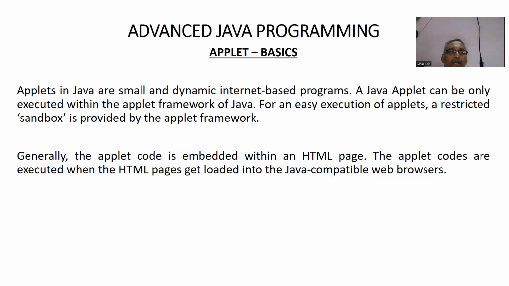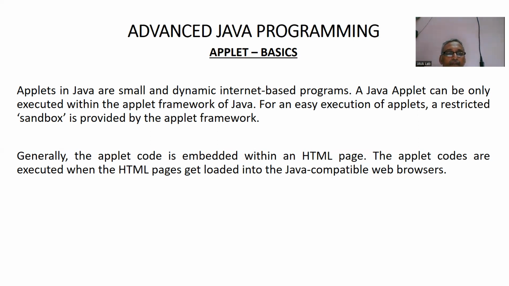Applet basics. Applets in Java are small and dynamic internet-based programs. A Java applet can only be executed within the applet framework of Java. For easy execution of applets, a restricted sandbox is provided by the applet framework.